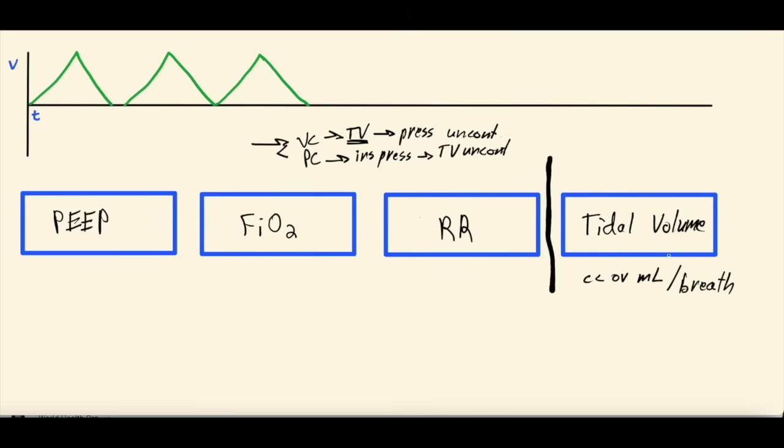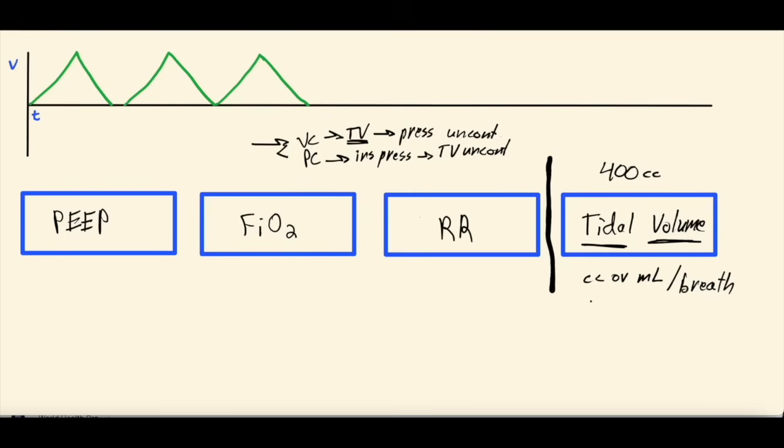So if you're in the clinical arena and you're setting a tidal volume, it might be, I want the patient to get 400 cc's per breath, 400 cc's of air, or 500, or 350, or what have you. And that is volume control ventilation. What makes it different? Many things. But in the settings, what makes it different from pressure control is that you're setting a tidal volume that you want the patient to get with each breath.